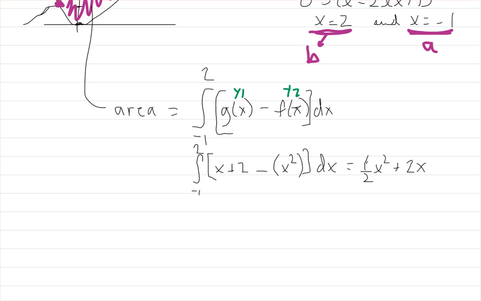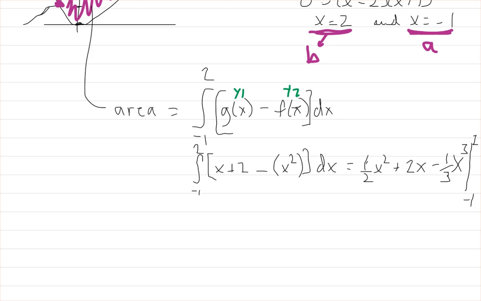And the integral of negative x squared will be minus 1/3 x cubed. Now what? Now we've got to evaluate, right? So this is going to be evaluated from negative 1 to 2.